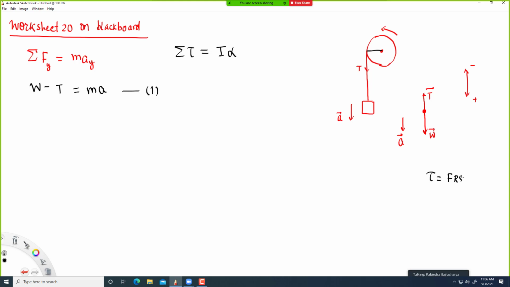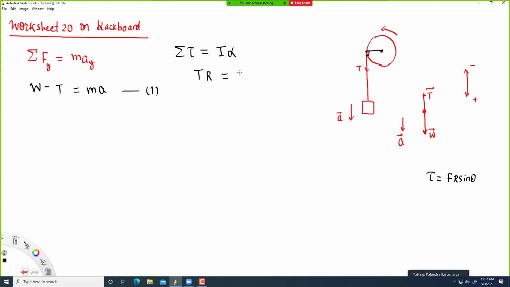F r sine theta. So what's the force that is providing the torque here? It's tension, right? And what's the distance between the point where you apply the force and the center? It's the radius of the pulley, and the angle between this distance and this force is 90 degrees, which is sine 90 degrees, which is 1. So we don't need to write that, it's just 1.